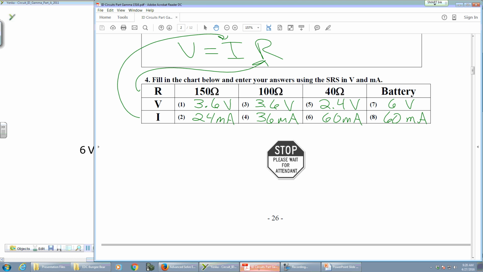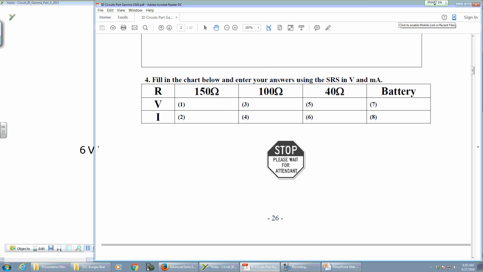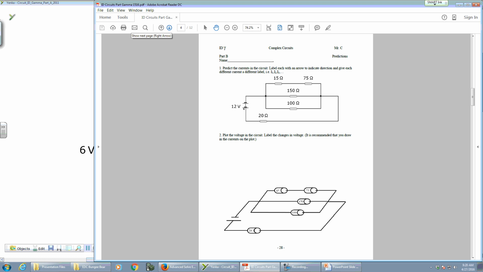So we're ready to go to part B, where you have another circuit. At the bottom of page 28, can you write in pause and check? Because what I'd like you to do is go through 1 and 2, and then pause and check with either the class or with another group before you go on to using 1 and 2 to create your equation.